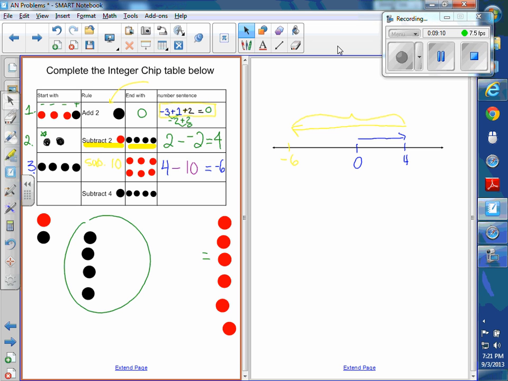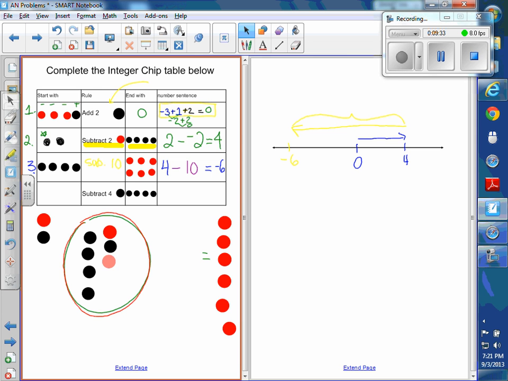With the integers, if you have to end up with 6 negatives, you would have to add zeros here. So that's a 0. So the green circle, this circle here, still has a value of 4.